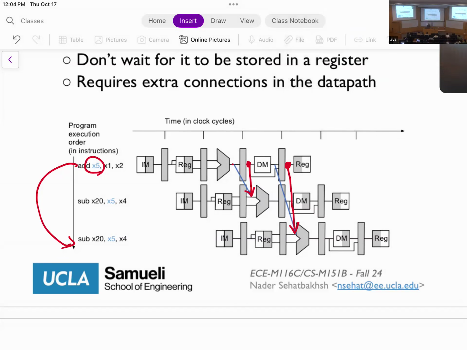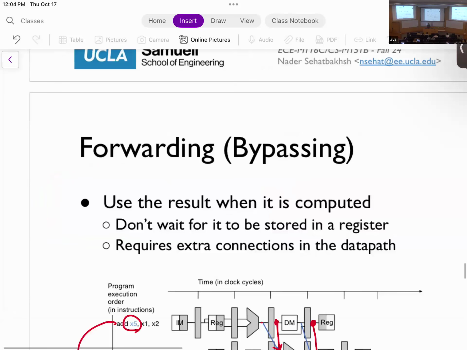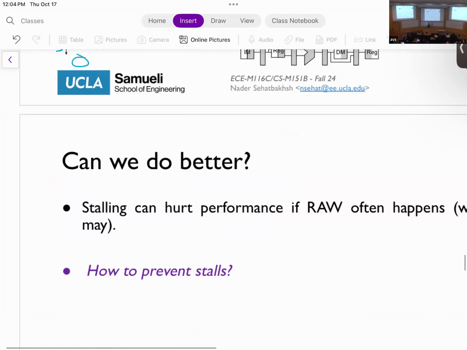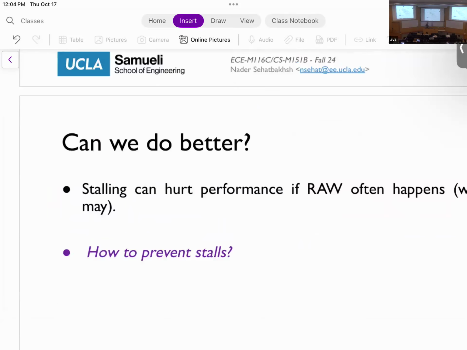If you remember, I told you about the problem of RAW data hazard. The RAW data hazard was happening when we are writing to a register, and within 2 cycles, we are trying to read from the same register.